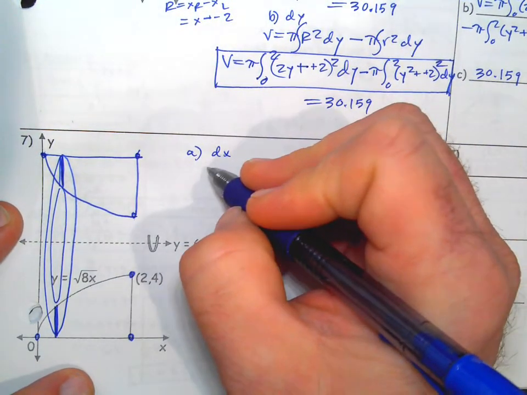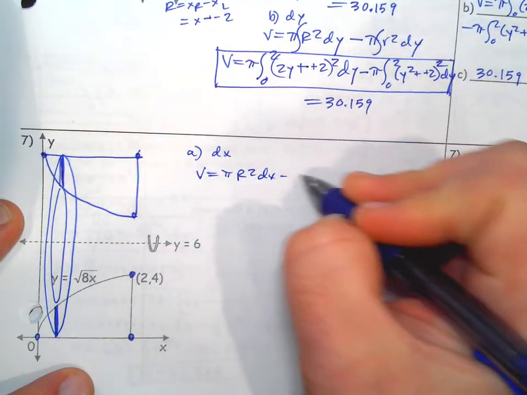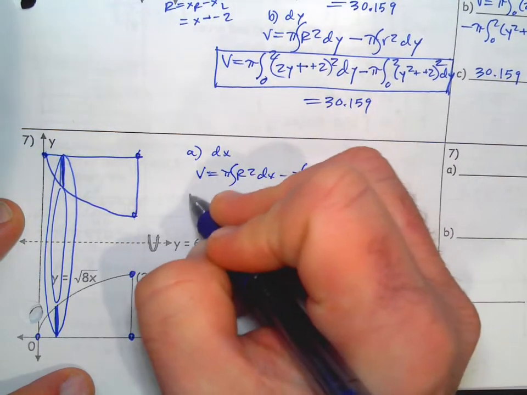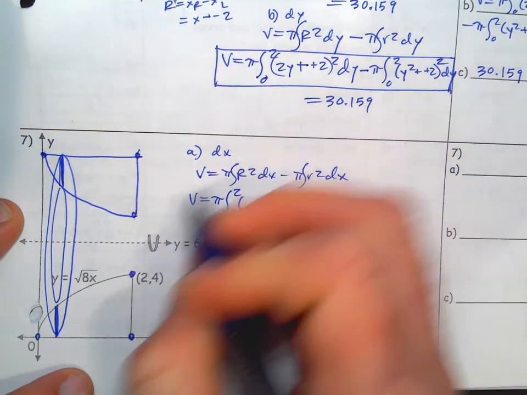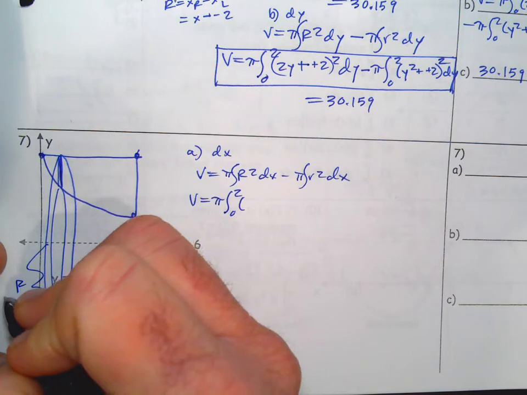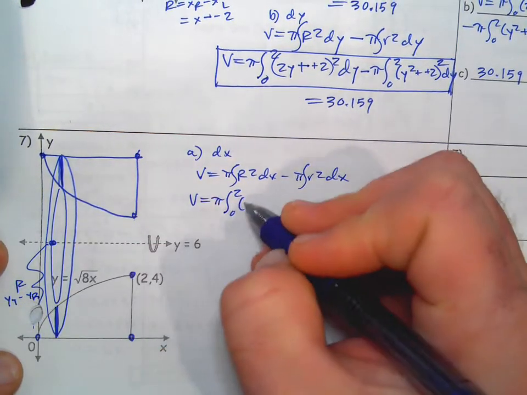So volume is going to be pi R squared dx minus pi little r squared dx. I'm going to integrate them all. The limits are going to be in the x direction, 0 to 2. So the big radius is going to be y top minus y bottom. Y top is 6.